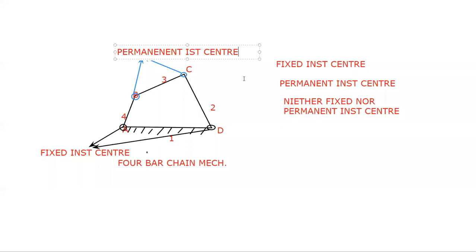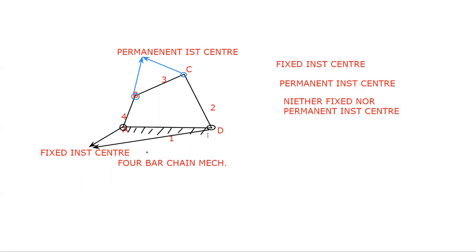Now there is one method to indicate the instantaneous centers. How will you indicate this instantaneous center? Let me do it. Now if you see here, this is a fixed instantaneous center.